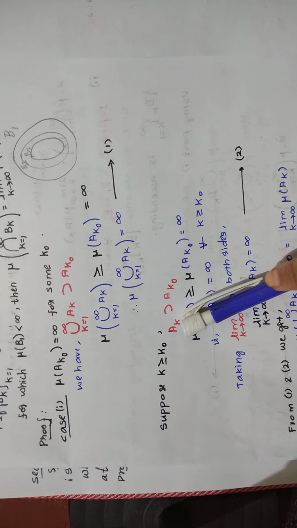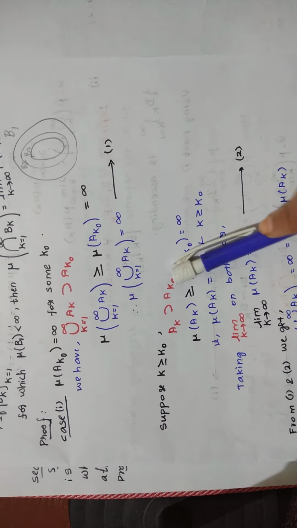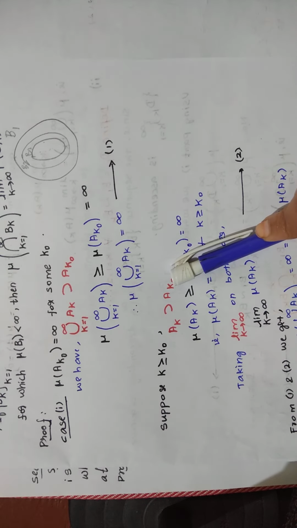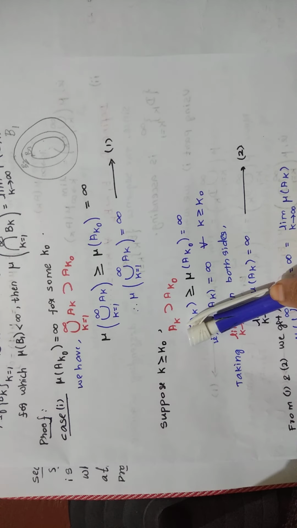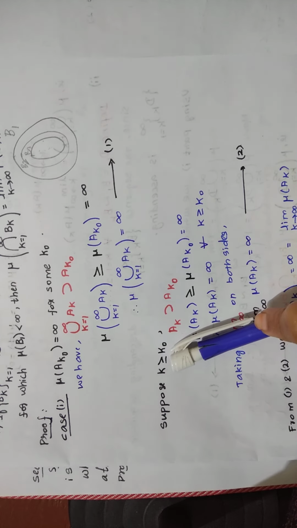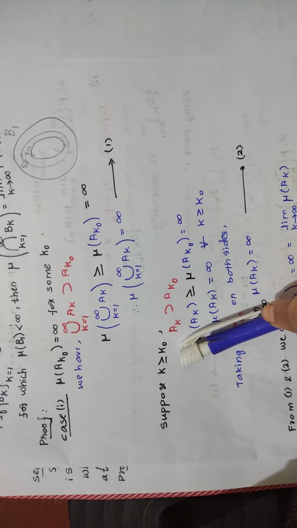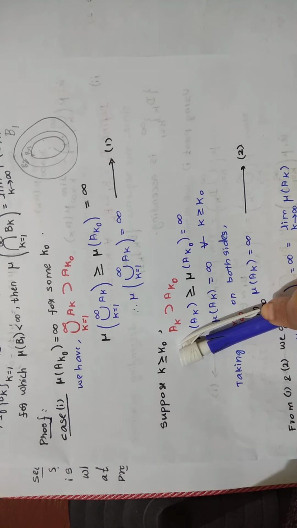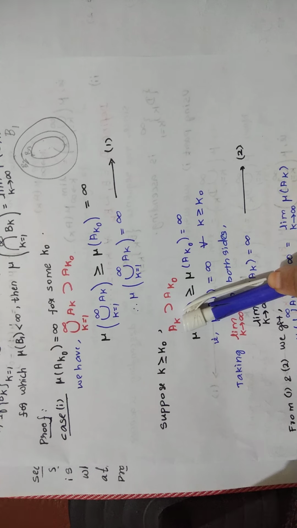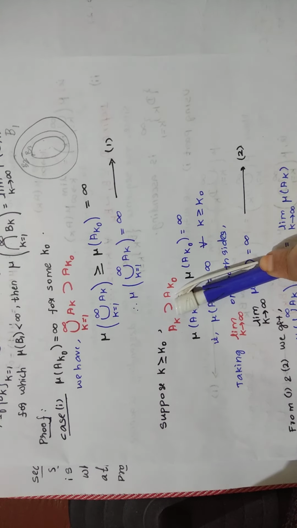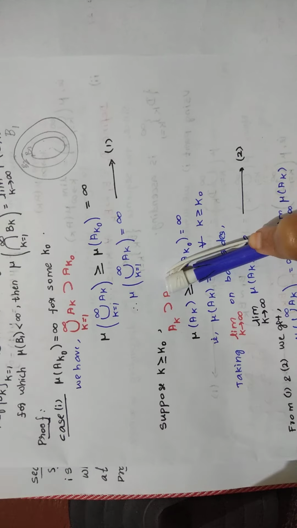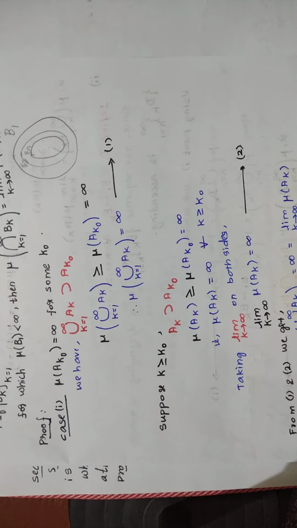That is what you are writing. What is the meaning? This A_k0 is present inside this A_k. The reason is that you are taking k greater than or equal to k0. k is bigger, so this measurable set A_k contains this one. It means this measurable set is present inside this A_k.